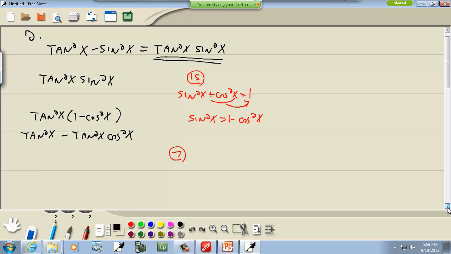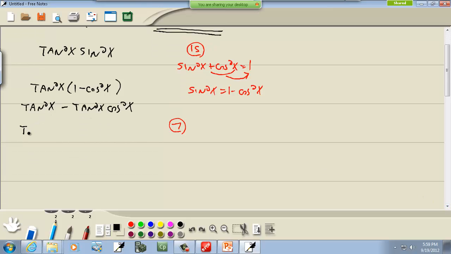So I can rewrite this problem as tangent squared minus sine squared over cosine squared. Now what made me think along these lines is I know I needed a minus in there. And the Pythagorean Identities allows me to put a minus in there.